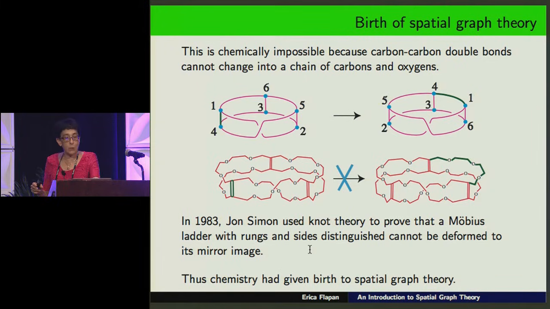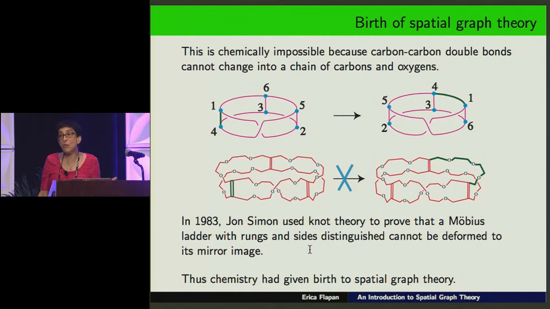So if you see the green here, if you followed this deformation with the molecular structure, the carbon-carbon double bond in the first picture would have to go to this long chain of carbons and oxygens in the second picture, which clearly it can't do on a molecular level.